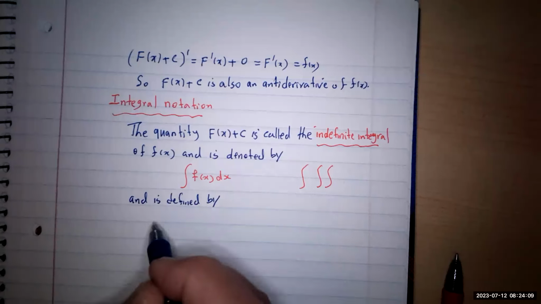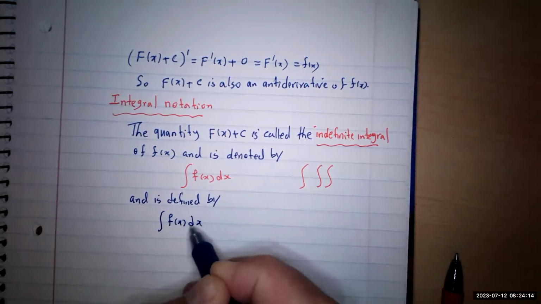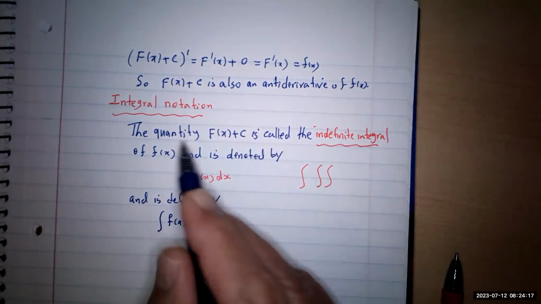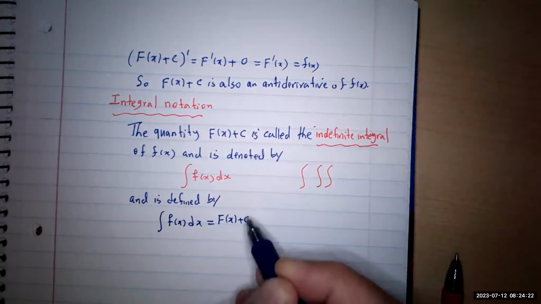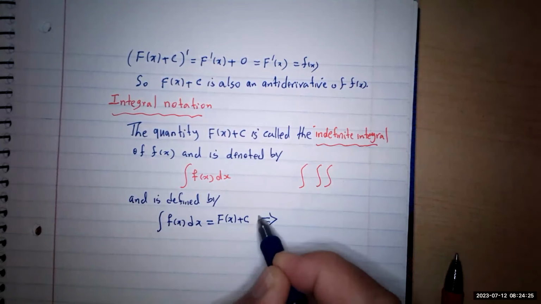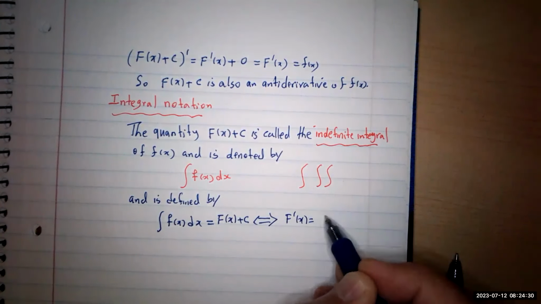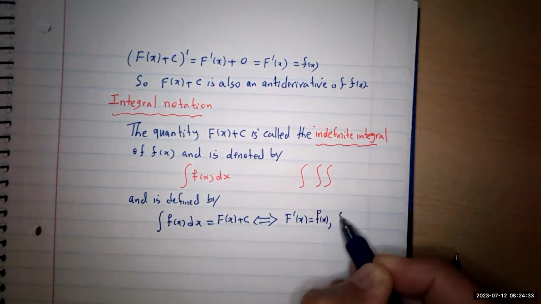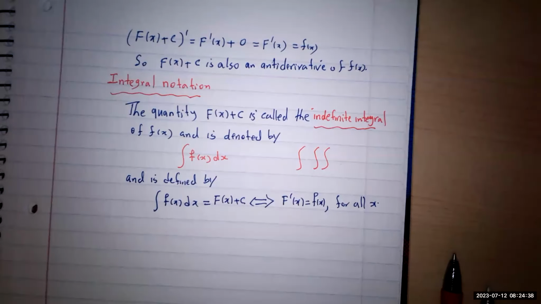We say that the integral of f of x dx, we write it as equal to f of x plus c, if and only if f prime of x equals f of x for all x. So instead of calling f of x plus c the antiderivative, we write it down in this format. Let's see what it means.